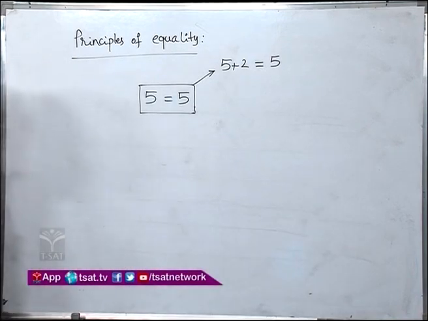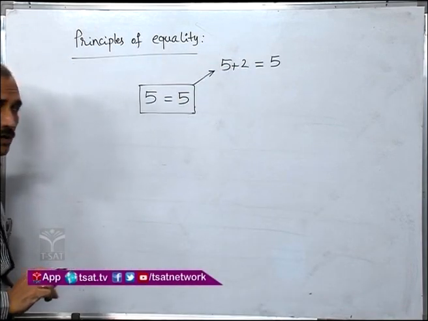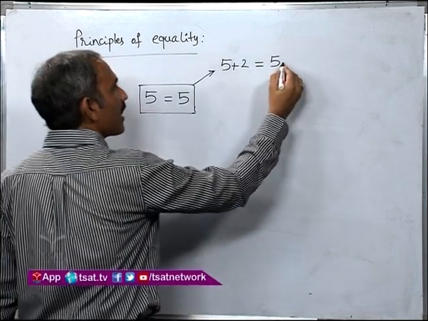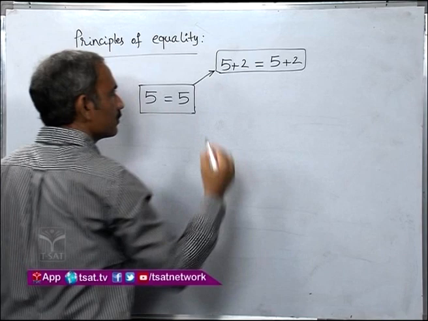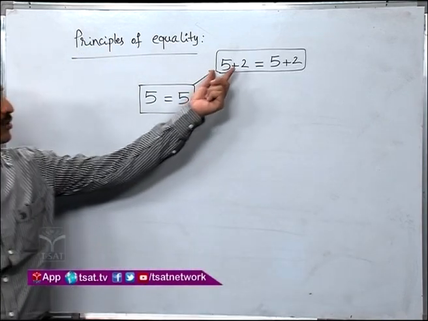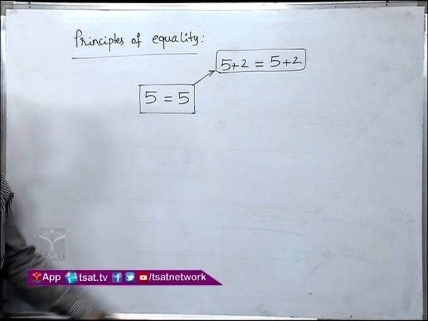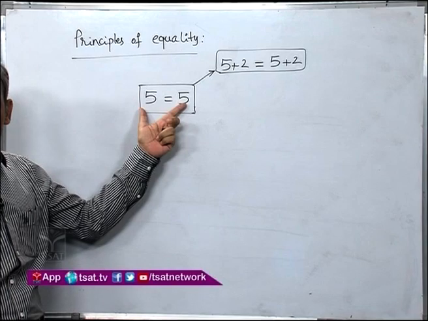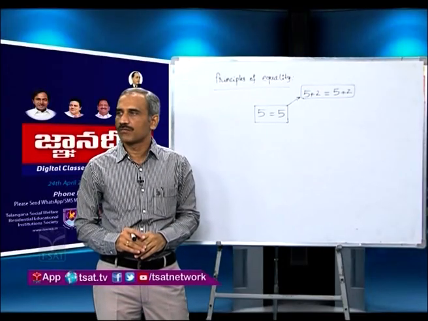No. As you are adding 2 to the LHS, to maintain this equality symbol, you have to add the same quantity to RHS also. Am I right? 5 plus 2, 7. Again 5 plus 2, 7. Both are the same. That means if you add the same quantity on both sides, then the equality will remain the same.